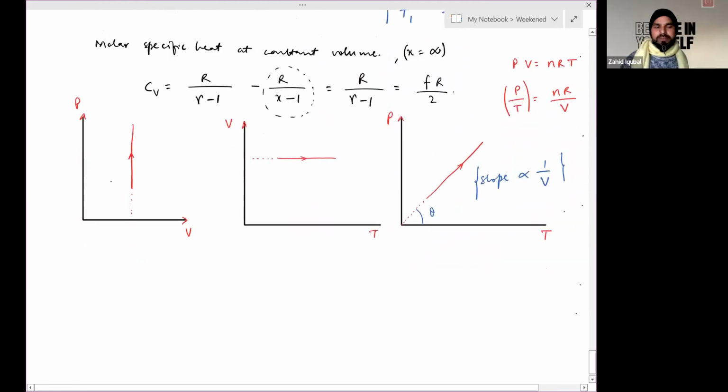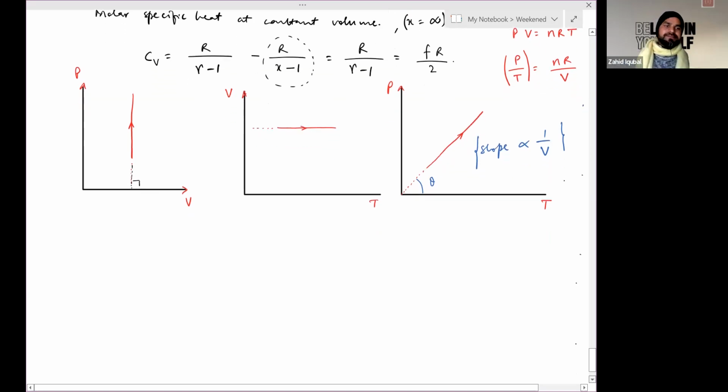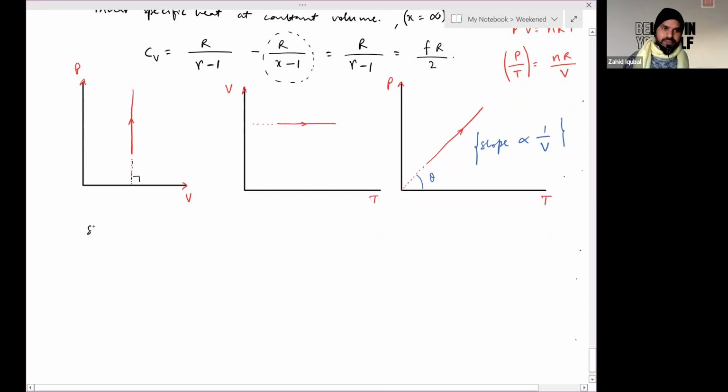Now, on the basis of this pressure versus volume curve, first we have to calculate slope. This particular line is perpendicular with x-axis, so inclination would be 90 degrees. So first is slope of pressure versus volume, dP divided by dV, which will be tan theta. Tan 90 will be infinity, so in this case it will be infinite. Related to this slope, we have to calculate bulk modulus.